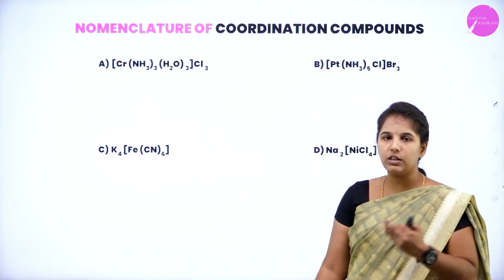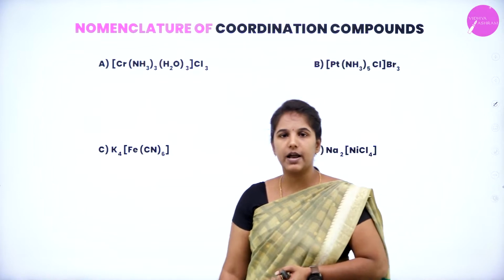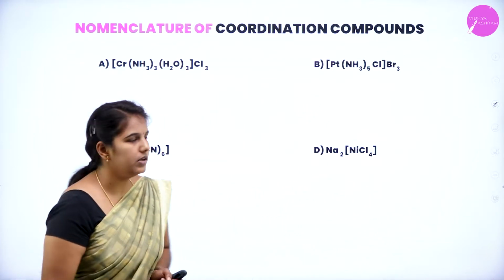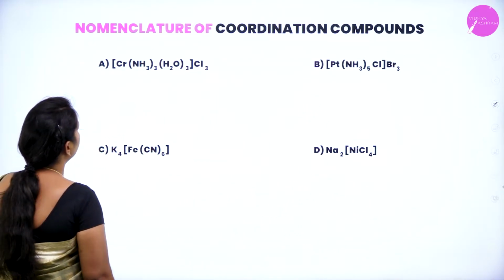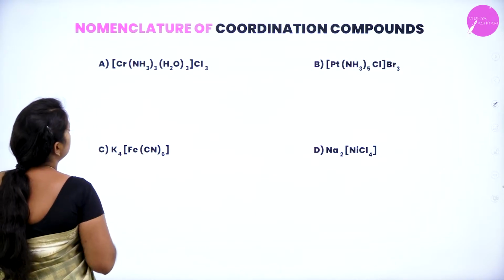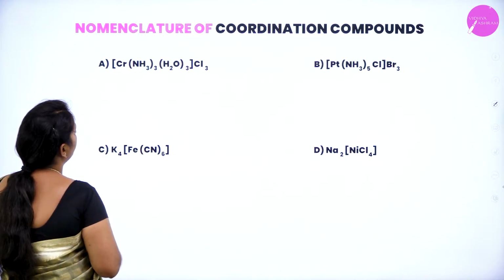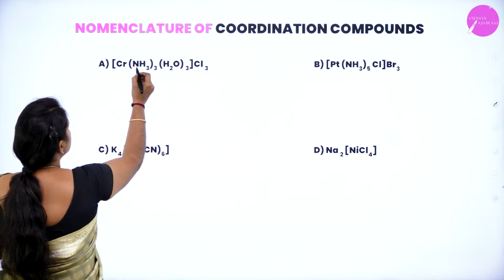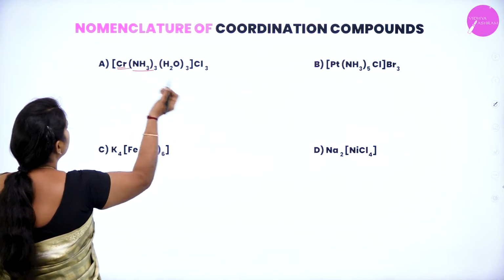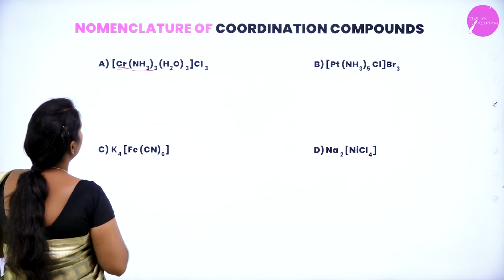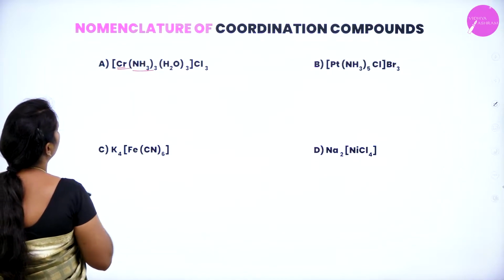Again, we will discuss a few more examples so that you will understand how to name coordination complexes. I'll go with the first one, an example of a heteroleptic complex. Chromium is my central metal atom, and first I'll calculate its oxidation number.